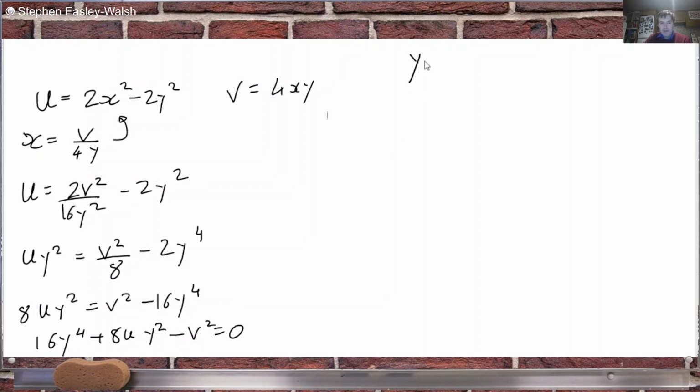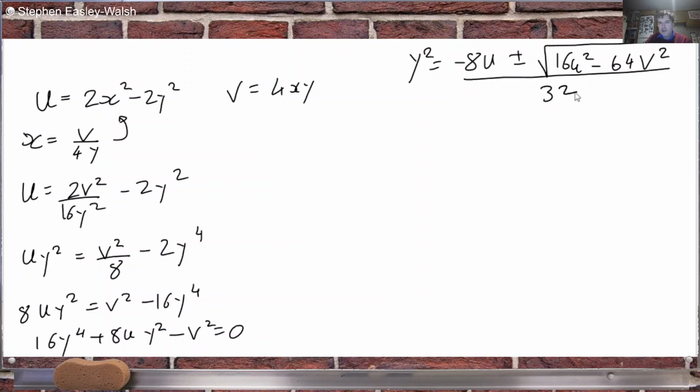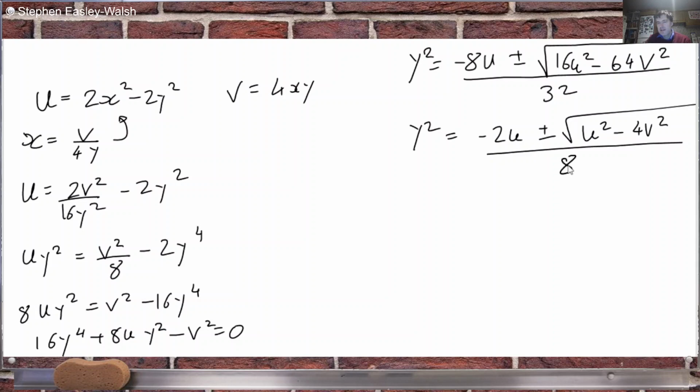So we have y squared equals minus b plus or minus the square root of b squared minus 4ac all over 2a. Can take out a 16 and that would be a 4, so I can divide by 4, so that's minus 2u plus or minus root u squared minus 4v squared over 8.